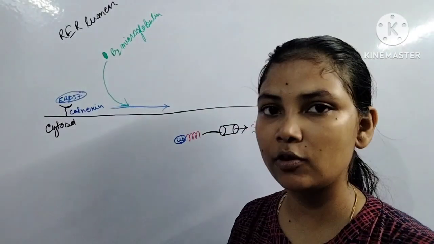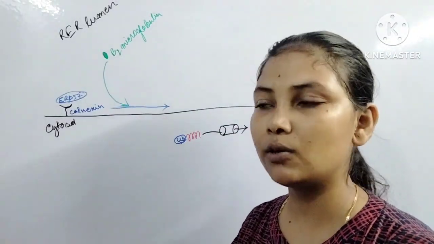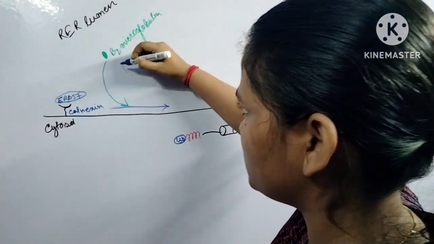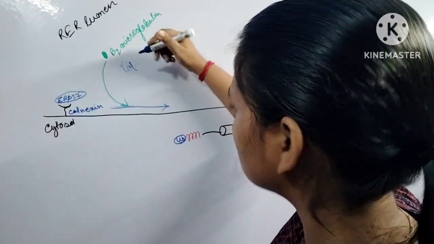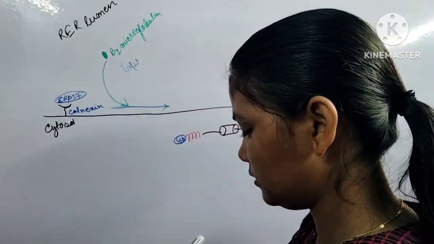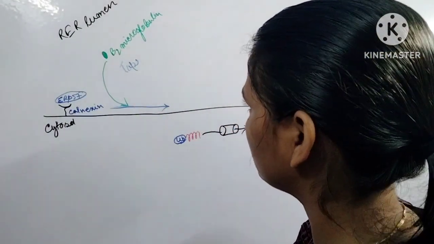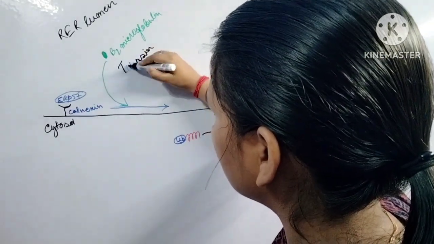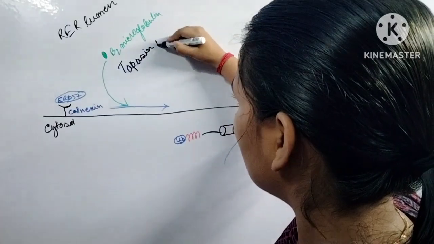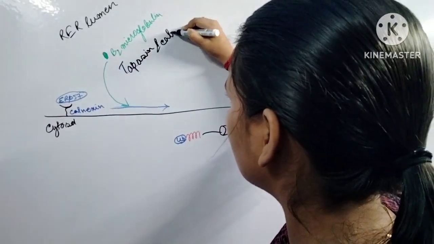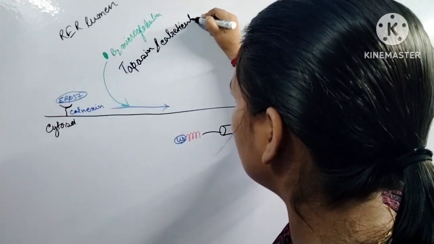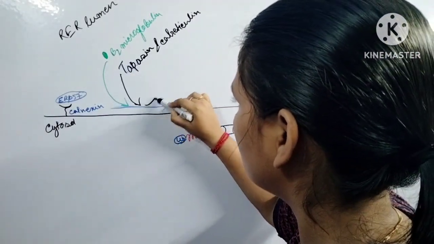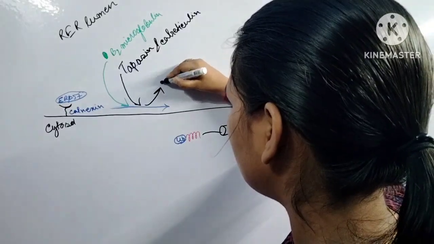Two other chaperones, tapasin and calreticulin, will also be associated with the MHC I molecule. So tapasin and calreticulin will associate with the MHC molecule and calnexin will be removed.